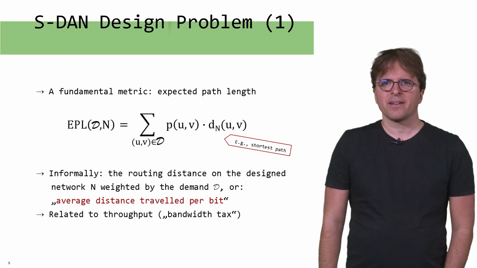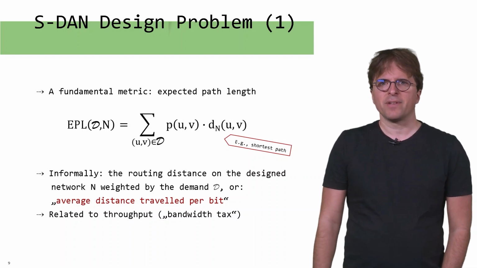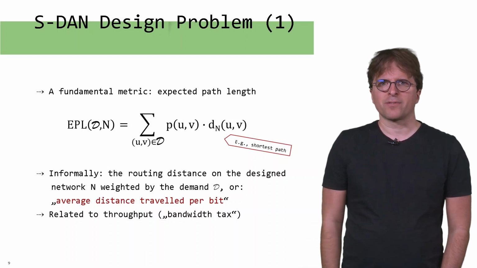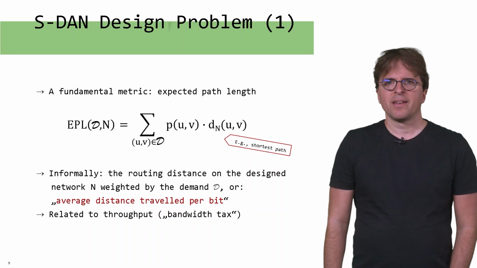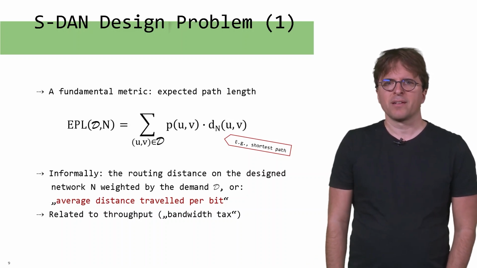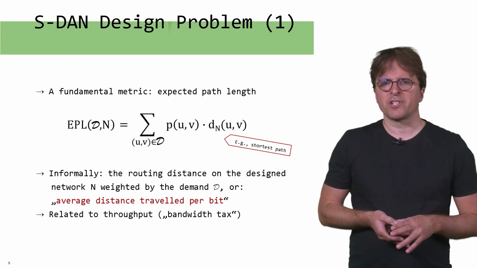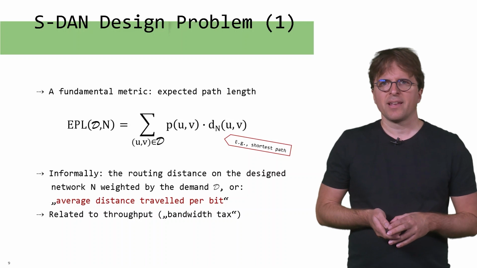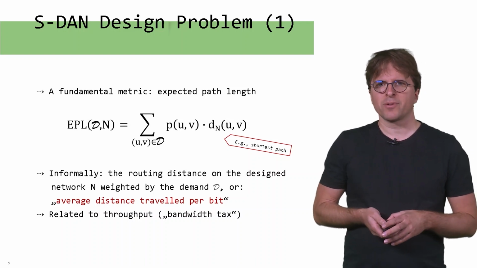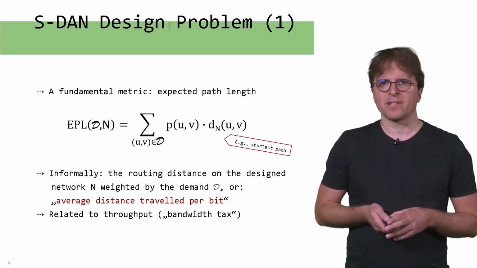And then the distance in the designed network N between U and V. So we have the distance weighted by the amount of communication between this pair. For example, the distance could be shortest path, but it could be anything else as well. So the expected path length is describing the average distance traveled per bit. It's the most fundamental metric, but it also relates, for example, to throughput and bandwidth tax and other important metrics that we will see later in the lecture.